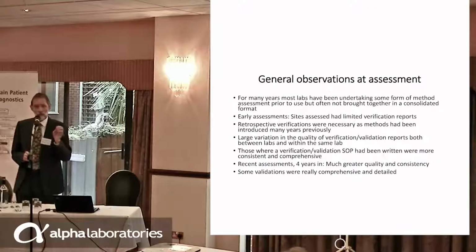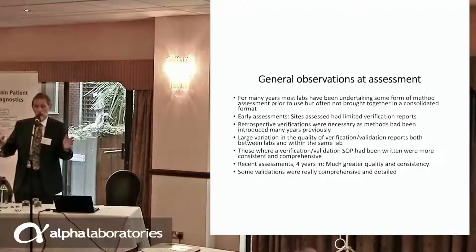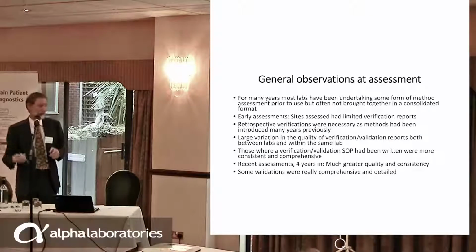If you've got that, you find a lot of consistency. When you don't have that, you see some verifications being done very well and some that are not done so well. So if you've got a big laboratory service, you might find that one part of your service is doing it very comprehensively and another not so well.